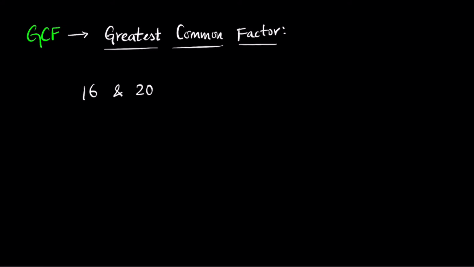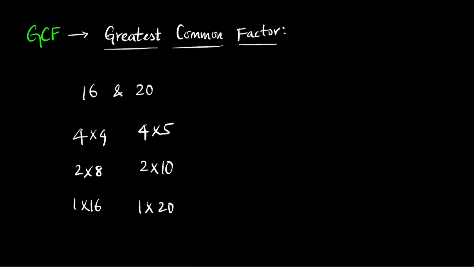For example, when you split them into their individual factors, 16 gets 4 times 4, 20 gets 4 times 5. You can also write 2 times 8, and this becomes 2 times 10. And you have 1 times 16 and 1 times 20. So these are the common factors that you see. The common factors are 1, 2, and 4.